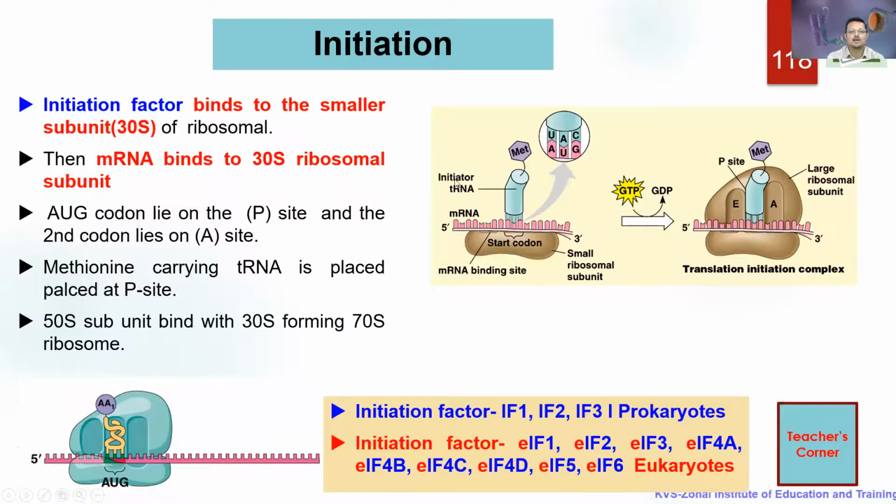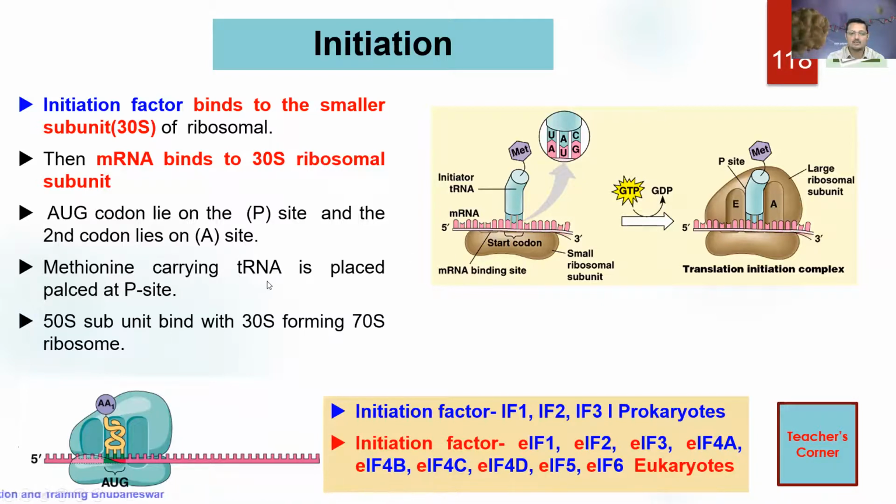Initiation factor binds to the smaller subunit, right? You see here, initiation factor binds to the smaller subunit of the ribosome, mRNA binds to the 30S ribosomal subunit, and the AUG codon lies on the P site, and the second codon lies on the A site. You can find here the P site and A site, right?